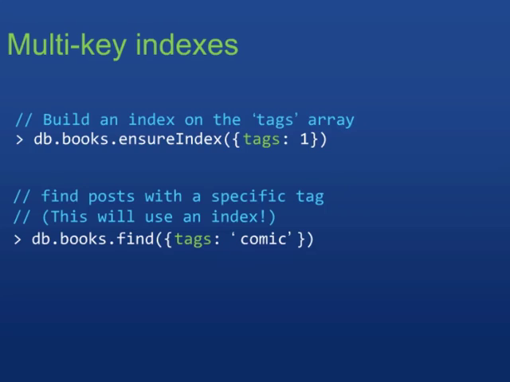And this is going to now go and find all of the books in my book collection that have a comic tag inside that tags array. Now you'll note I'm not matching the entire value of the array, I'm just matching an individual element inside of it. And so this is really neat. You're doing things like tags or keyword searches, I can do natively inside the document. I didn't need to do any joins. I didn't need to set up a second table. I can store all that information right inside the document.